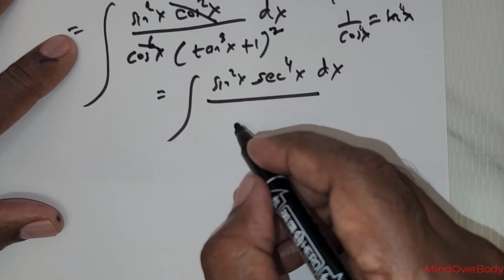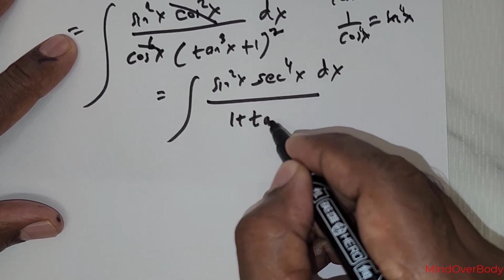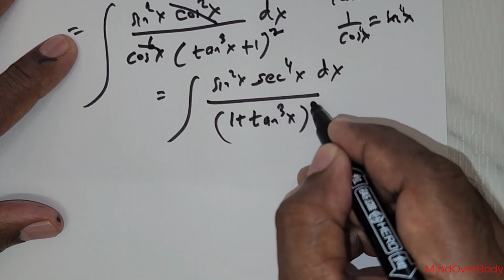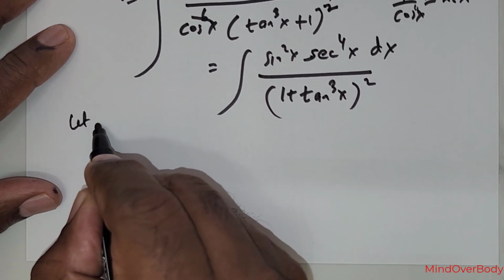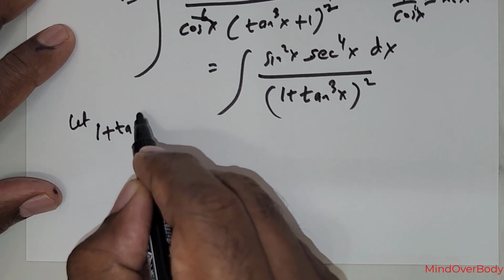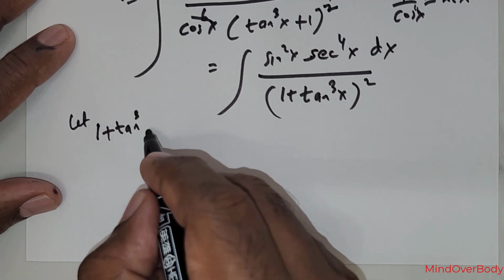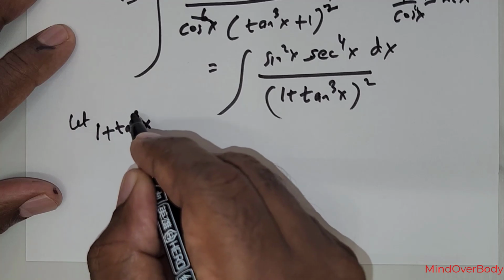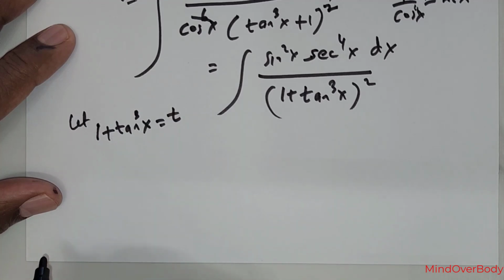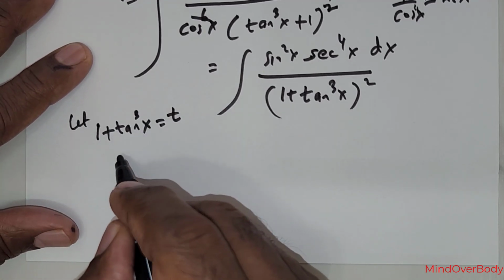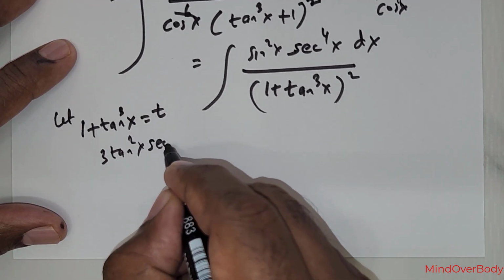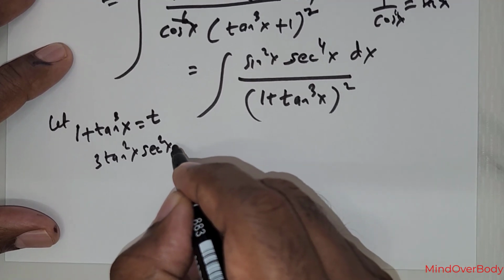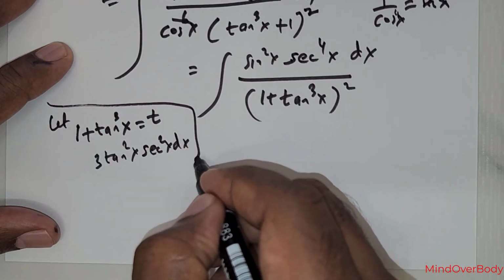Now I would have to make a substitution. So this is actually (1 plus tan cubed x) raised to the power of 2, right? Now if I make a substitution, say put 1 plus tan cubed x equal to some t, then this would be 3 times tan squared x times the differential of tan x, which is secant squared x times dx.